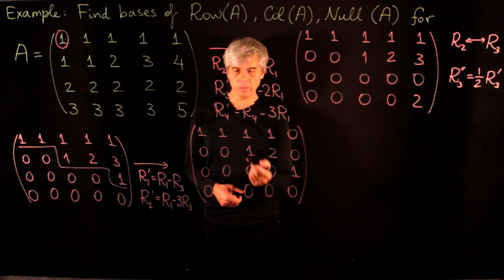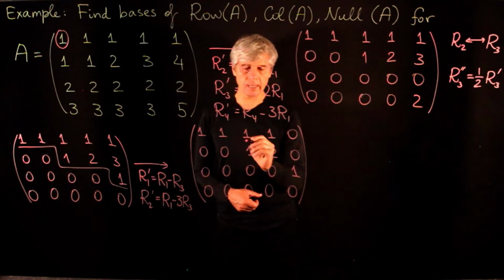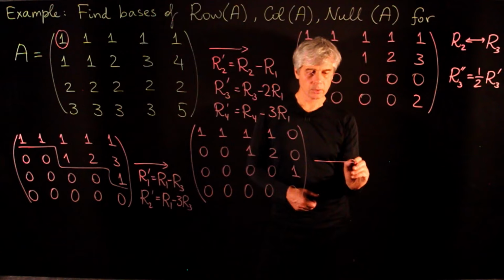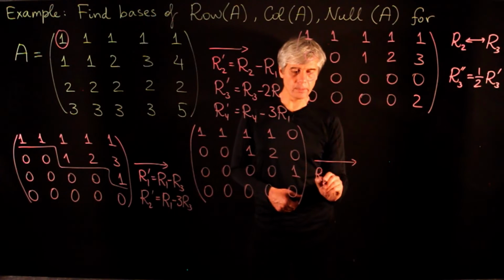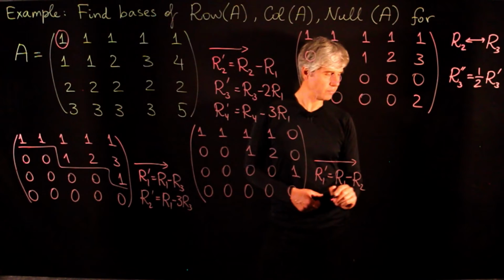And so now we make the last step. So we eliminate the non-zero entry here. So what we say is row 1 new is row 1 minus row 2.